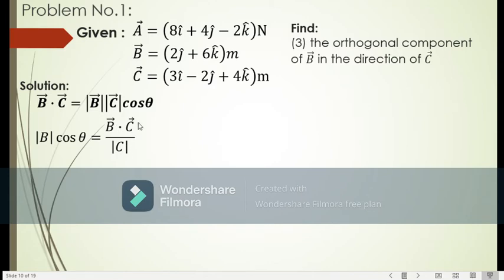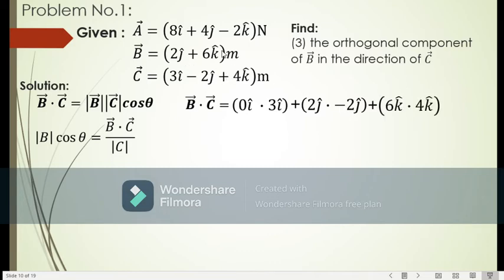Let's start with the dot product of B and C. For our dot product of B and C, that is 0 i hat dot 3 i hat. It is 0 because our vector B has no x component, so 0 i hat, plus 2 j hat dot negative 2 j hat, plus 6 k hat dot 4 k hat.